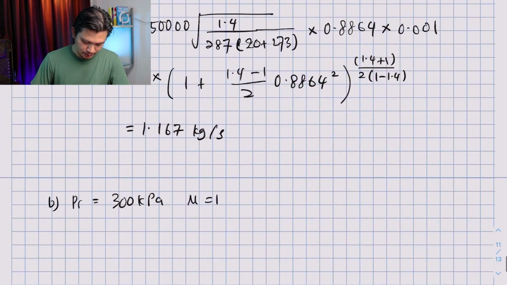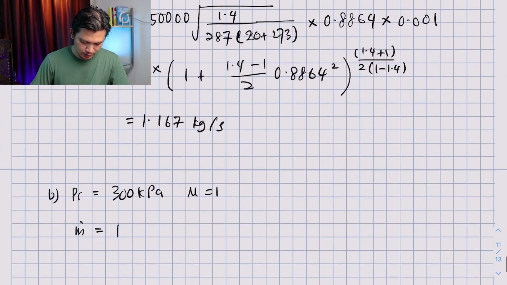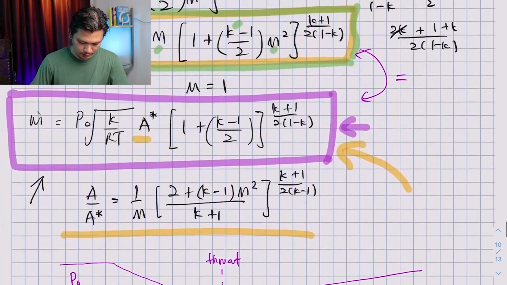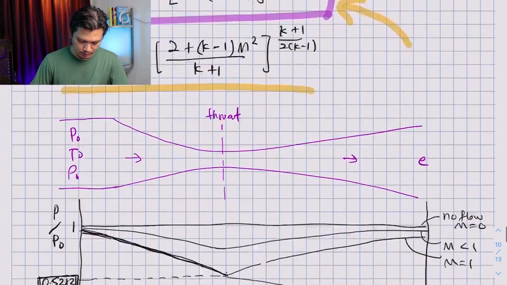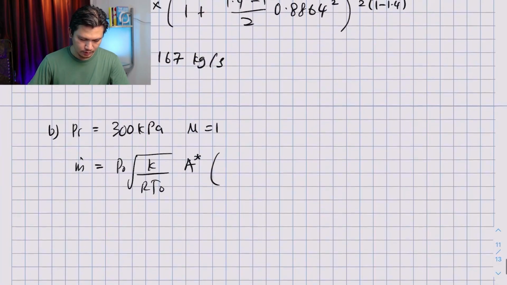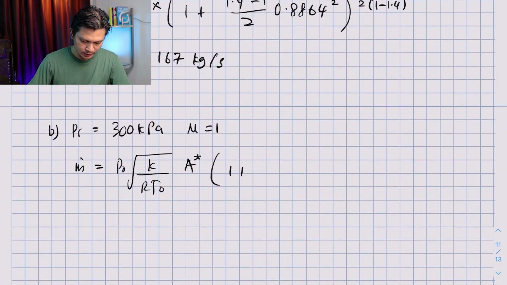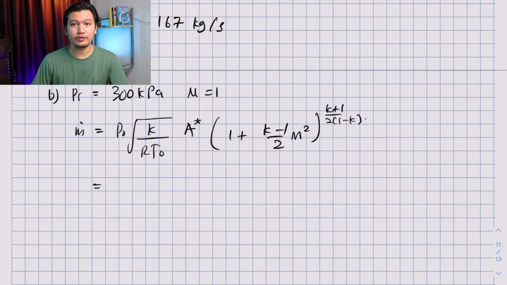So it simplifies like this, and our m dot becomes P0 times square root of K over R T0, times A star, multiplied with 1 plus (K minus 1) over 2 M squared, to the power of (K plus 1) over 2 times (1 minus K). Let's key in together all the values that we know.